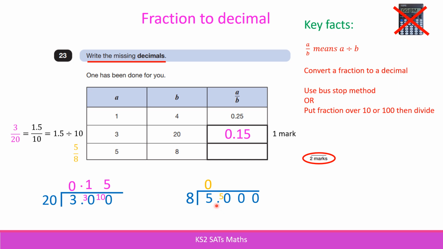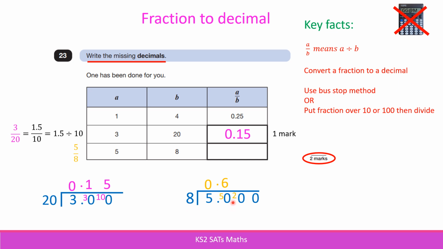Now there's a decimal point after this 5, so there needs to be a decimal point in the answer. Now you need to know your 8 times table. So you need to know that 6 times 8 is 48. So there's a 6 at the top there. 6 8s are 48. To get to 50, you need to add on 2. So 48, 49, 50, that's an extra 2. That's how many is left over.